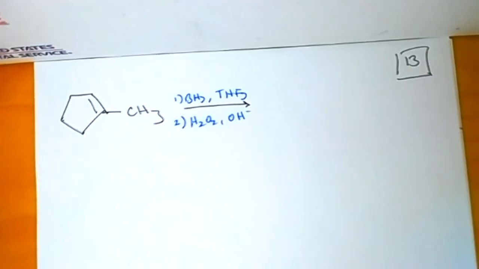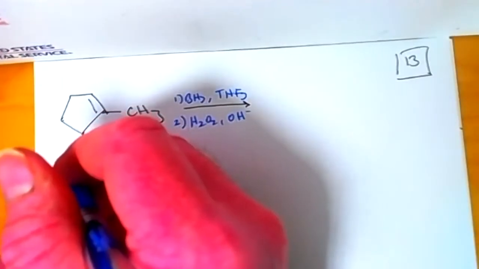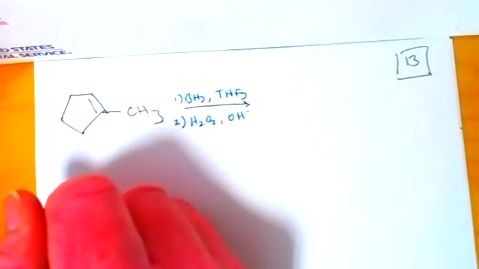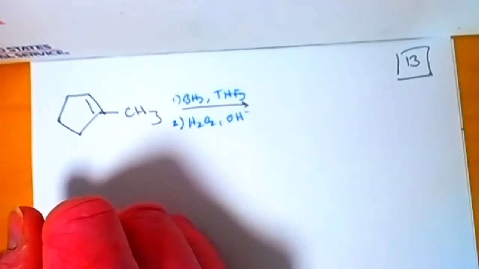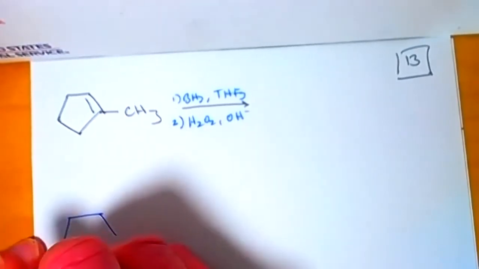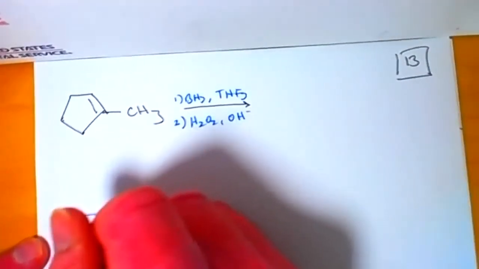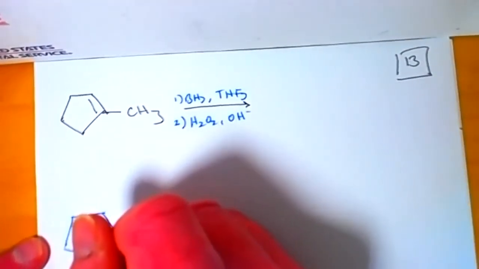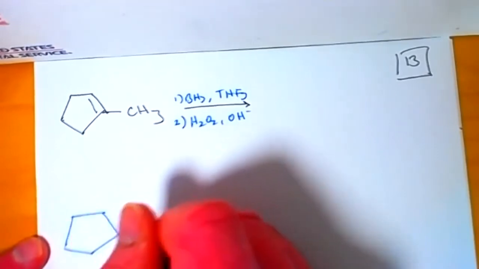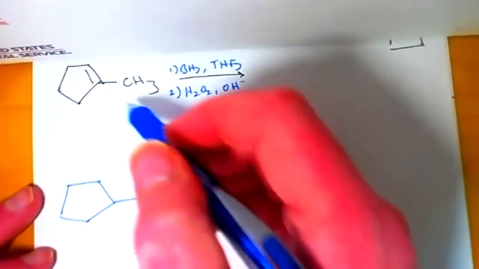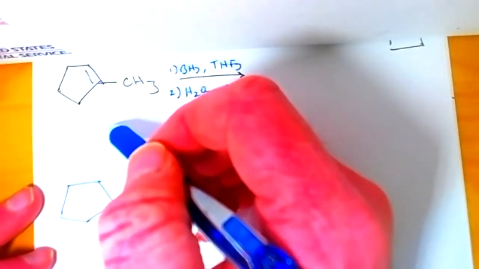Well, there's two possibilities here that could happen. So one possibility, if we draw this out, is that you could have addition that occurs on either the top or the bottom face.